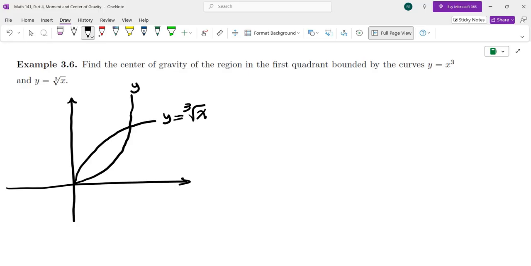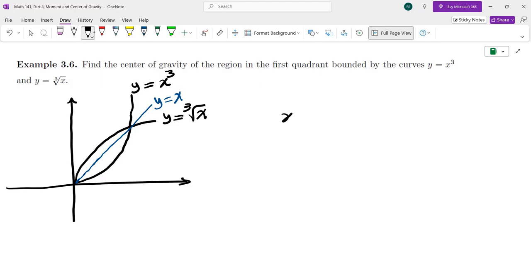This is y equals x cubed. Now, because these two are inverse functions, they are reflections about the line y equals x. So because of that, we can actually say that the center of gravity would have to be on this line. This is the line y equals x. So that's a shortcut that you can use.